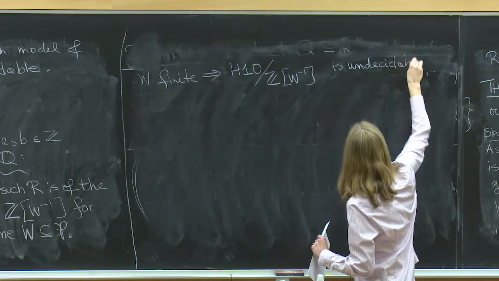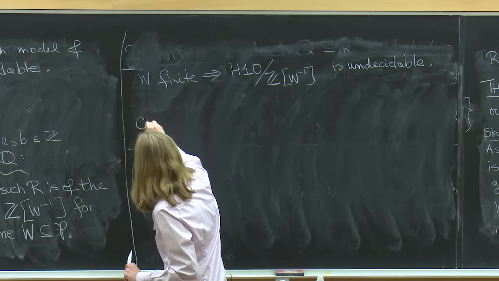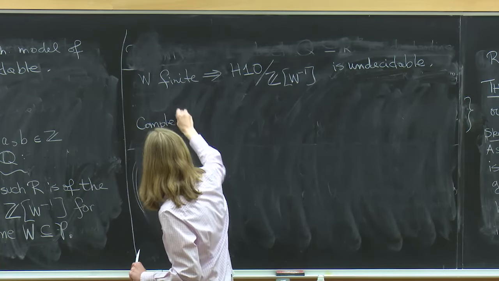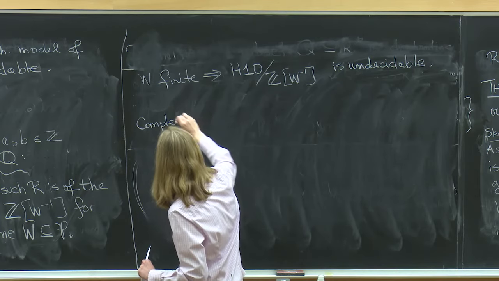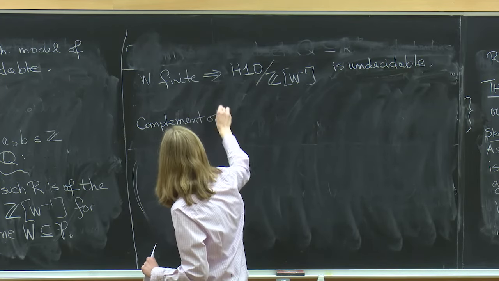And at the opposite end of the spectrum, what if W contains all the primes but finitely many? So what if the complement of W is finite?